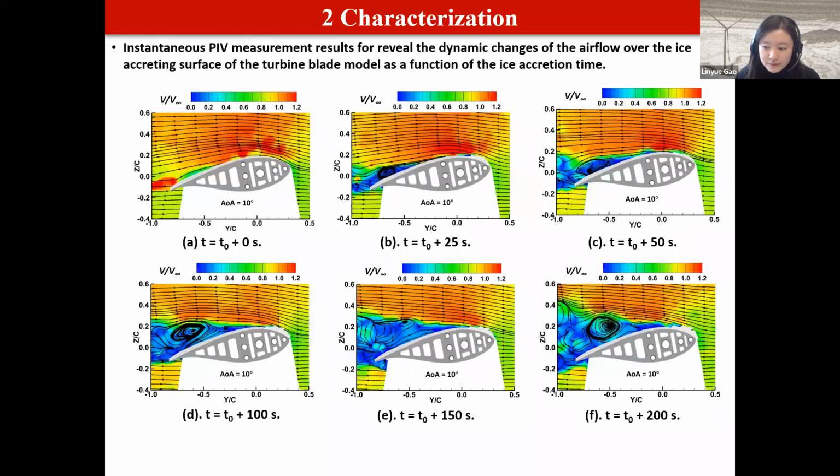So the formation and the expansion of the large-scale flow separation zone over the airfoil surface, as induced by the ice accretion, could cause dramatic degradation of the aerodynamic performance of the wind turbine blade model.